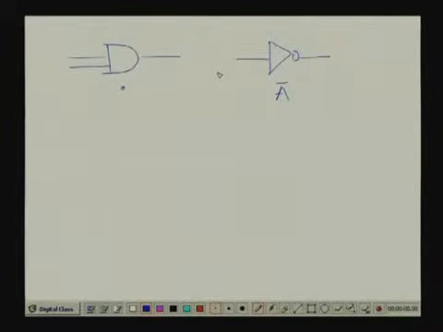Okay. Now, say ideal switching means, if I take that this is a 0 to 1 switch, here it is a 1 to 0 switch.